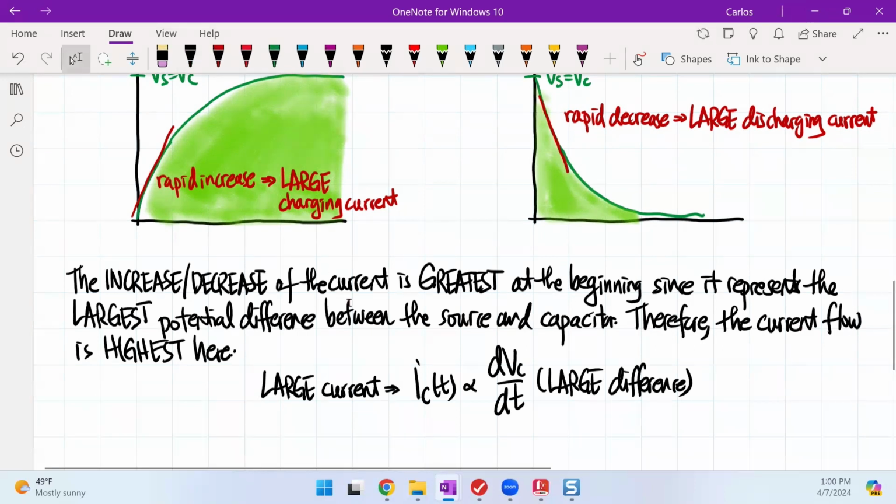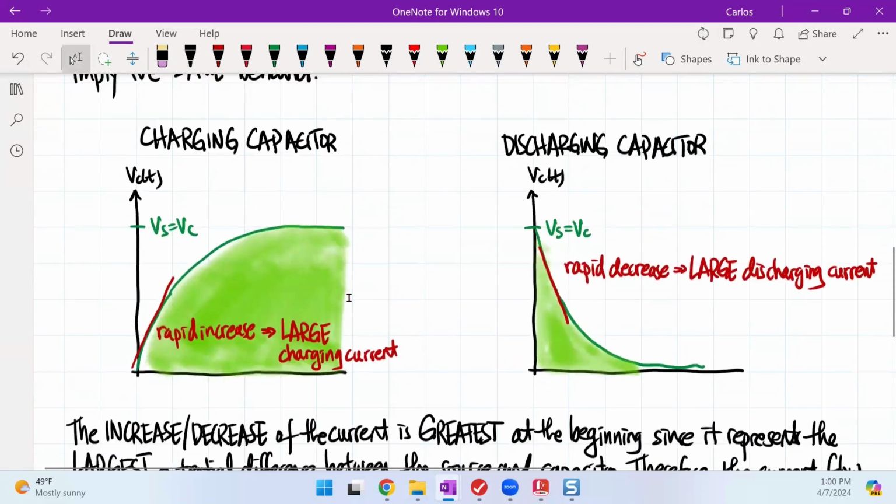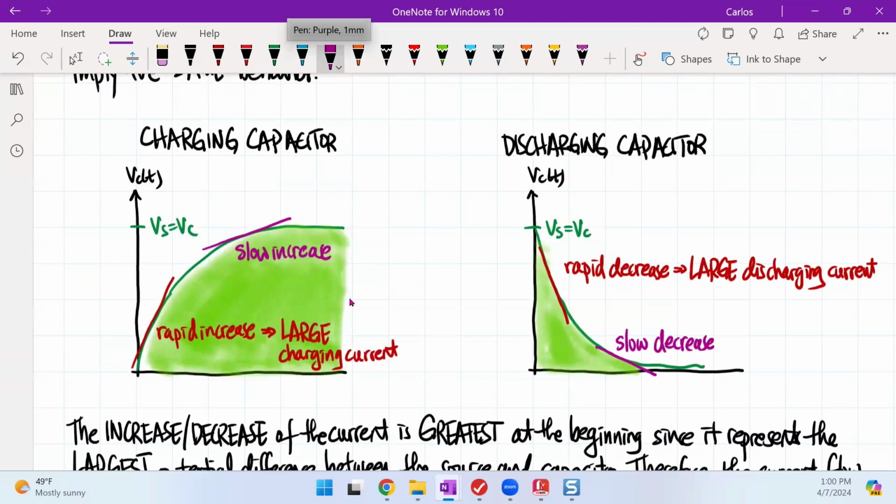Now let's look at the other situation. If I look over here, you can see that as I get near the end, the slope is smaller. So this is a slow increase. This is a slow decrease as well.